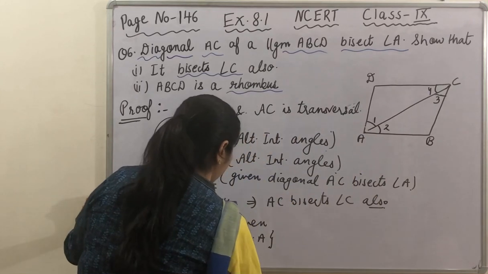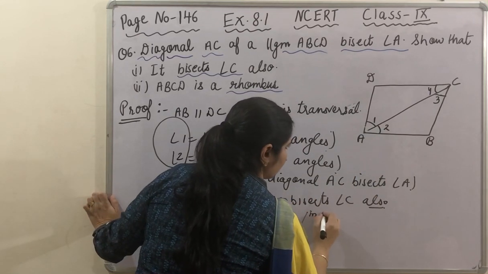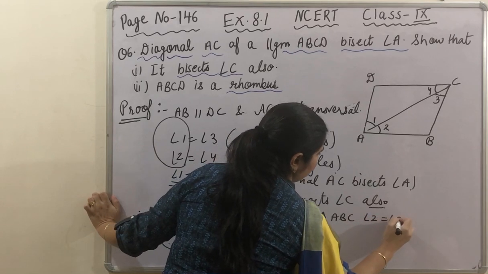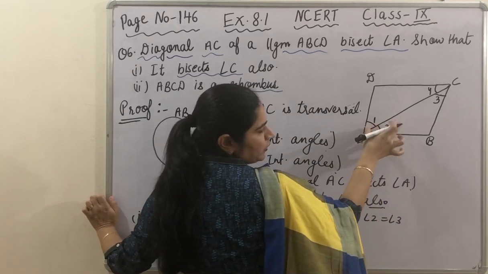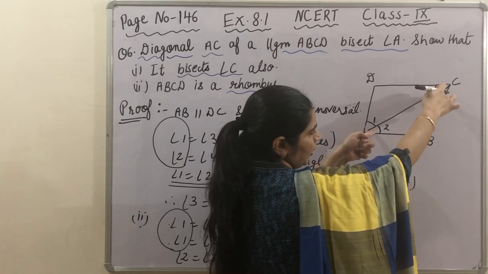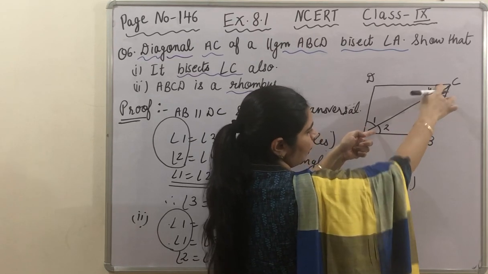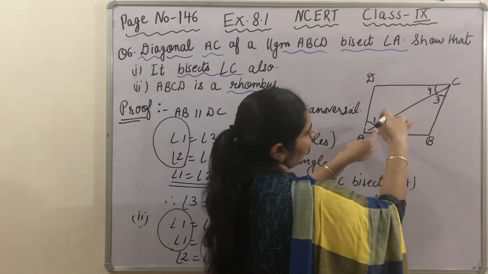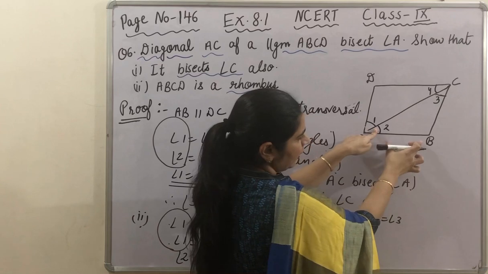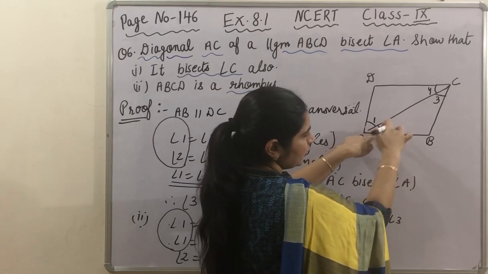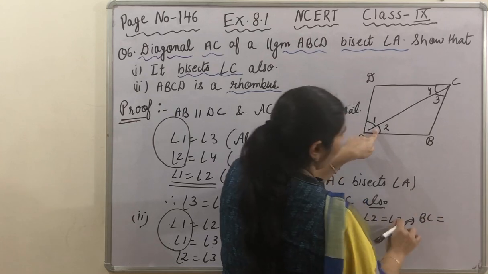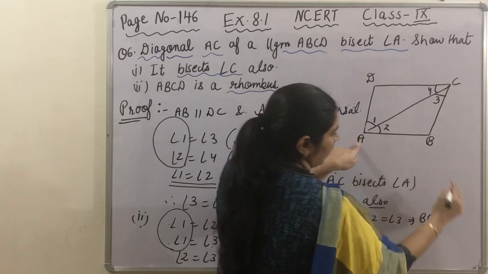In triangle ABC, when angle 2 is equal to angle 3, their opposite sides will be equal. Opposite to this angle is BC, opposite to angle 3 is AB.